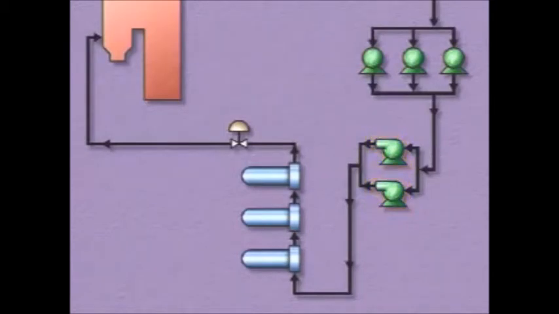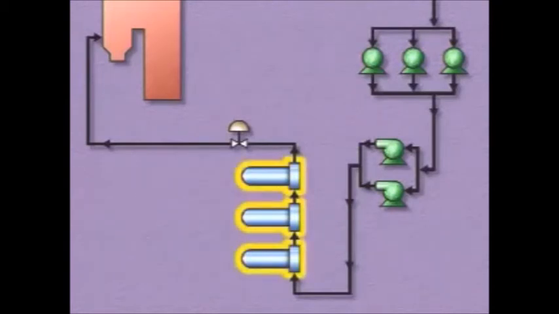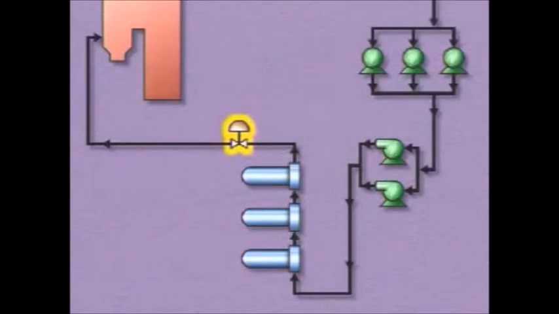From the boiler feed pumps, the feed water enters a series or train of high-pressure feed water heaters. After passing through these heaters, the feed water is ready to go to the boiler. A feed water regulating valve controls the flow of feed water from the high-pressure heaters into the boiler's economizer.